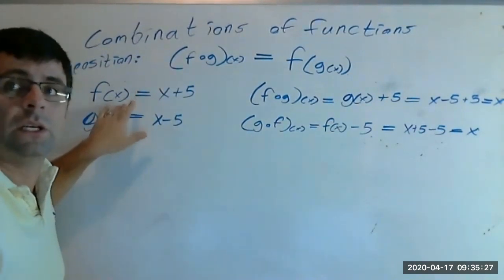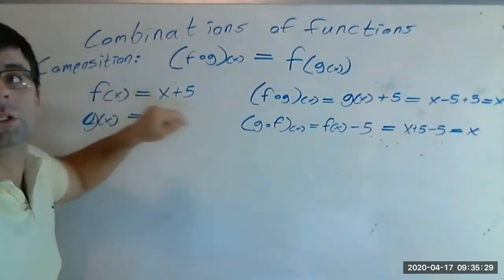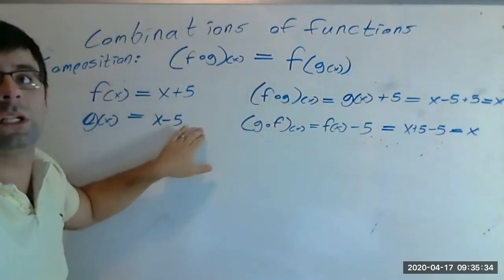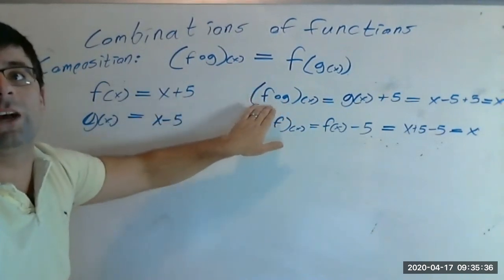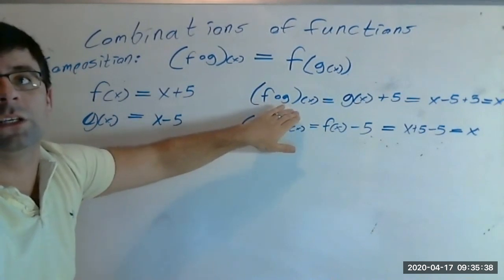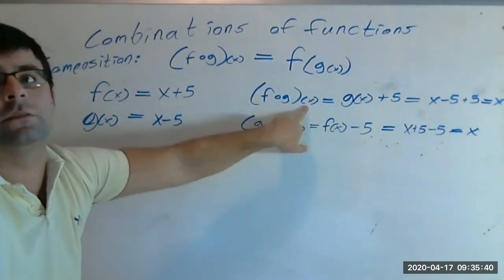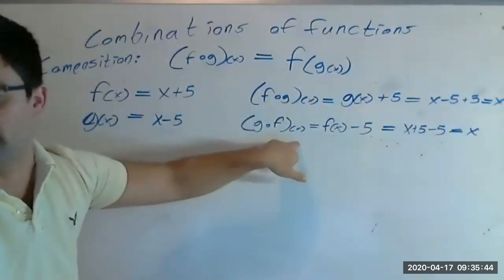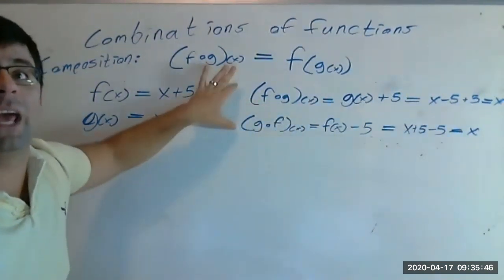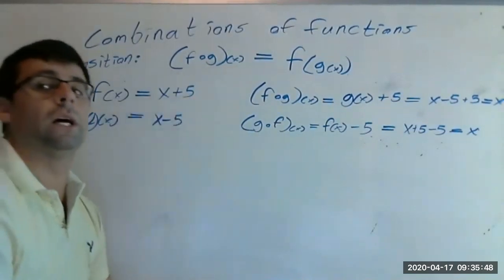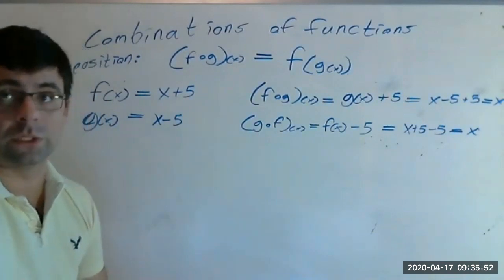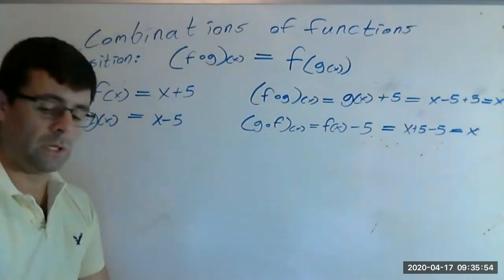But if two functions have this quality, then when you do f of g, you always get back the thing that is over here, or g of f, you always get back the thing over here. And they both have to be true. You can't just do one of them and have this property.